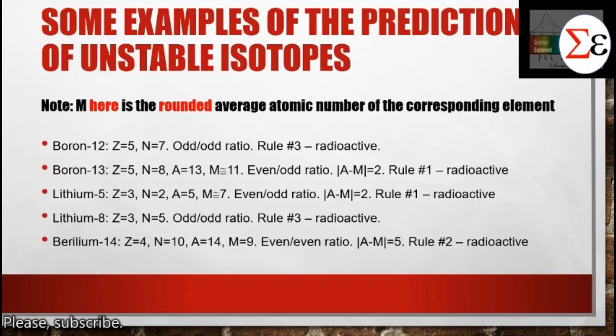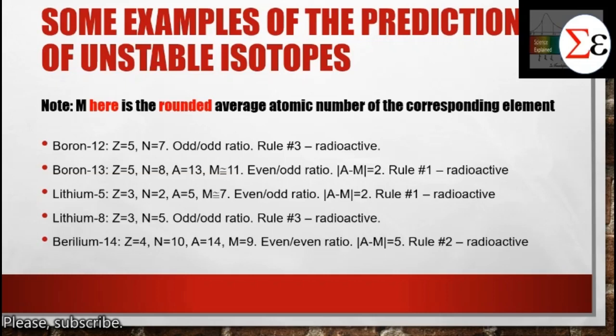Lithium 5, Z3, N2, A5, M rounded to 7. It has a N over Z ratio, even over odd, and the modulus of A minus M is 2. It follows rule number 1, and it is radioactive.